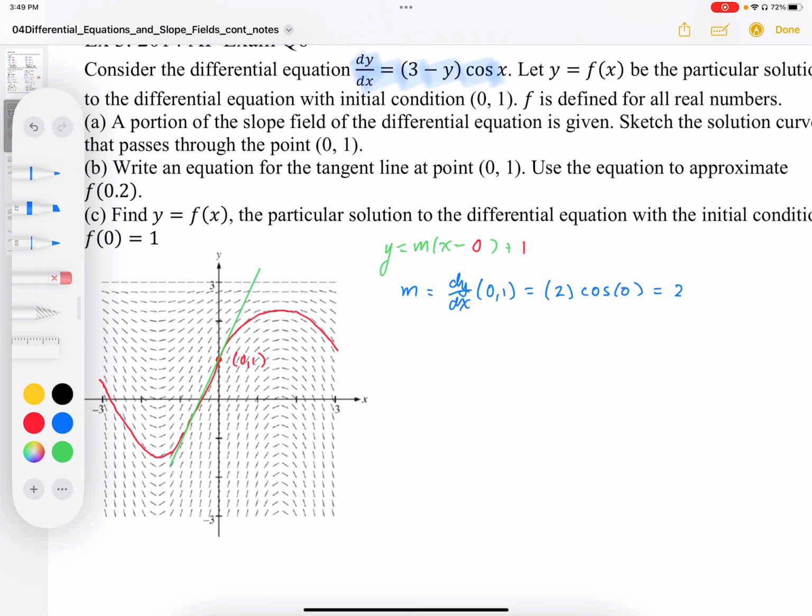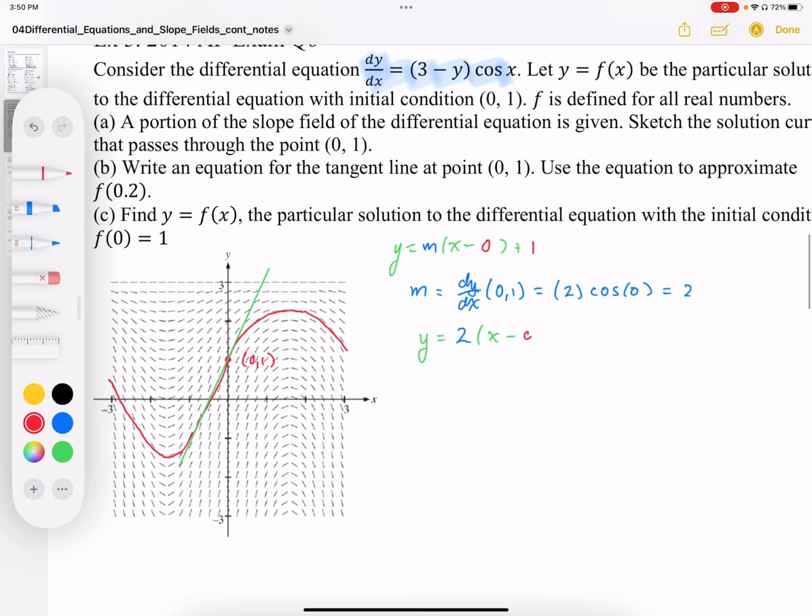In my equation then, that m value is 2. So my linear equation is y = 2(x - 0) + 1, and that is the equation of the tangent line in point-slope form.